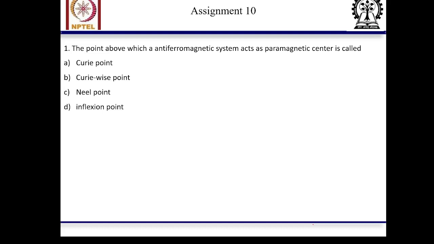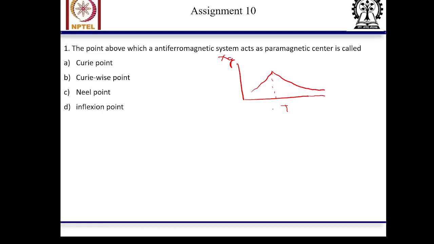Yeah, that is correct. So let me explain the point above which the antiferromagnetic system acts as a paramagnetic center. First I will plot the chi versus T plot. Basically for an antiferromagnet the curve will look like this.